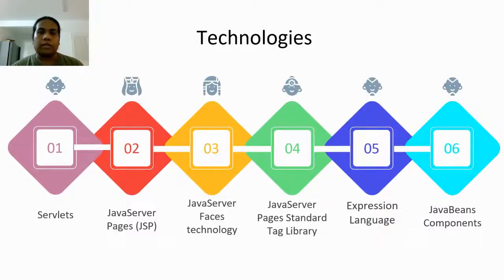Next one is the JavaServer Pages Standard Tag Library, a tag library that encapsulates core functionality common to JSP pages. Next is Expression Language, a set of standard tags used in Facelet pages to refer to Java EE components. And the last one is JavaBeans components, which are objects that act as temporary data stores for the pages of an application.